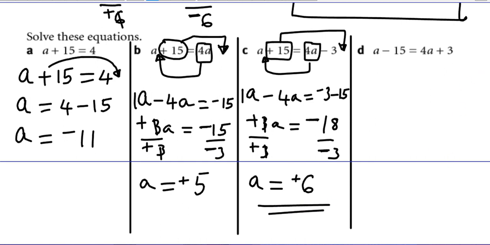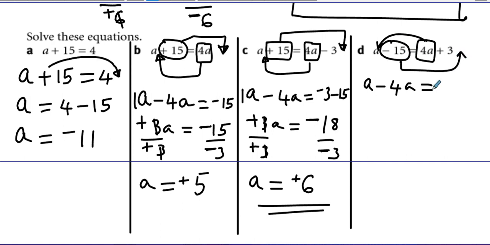Right, the last question is a minus 15 equals 4a plus 3. So like as I said earlier, take this 4a, shift it here, so it will be a minus 4a. That will be equal to, shift negative 15 on this side here, so it will be 3 plus 15.